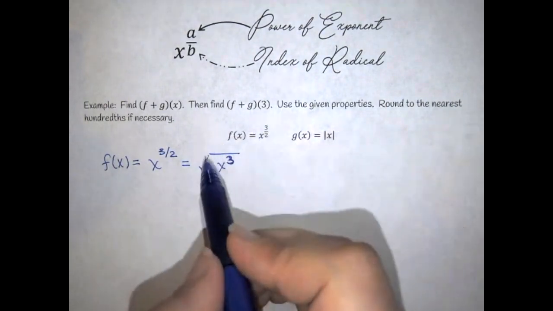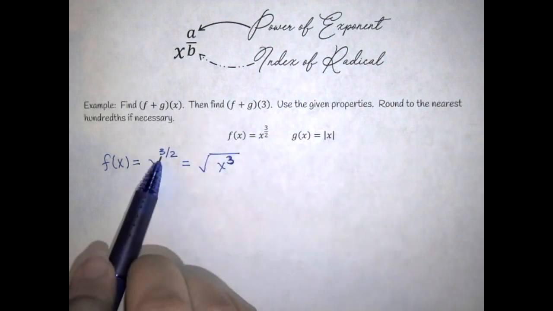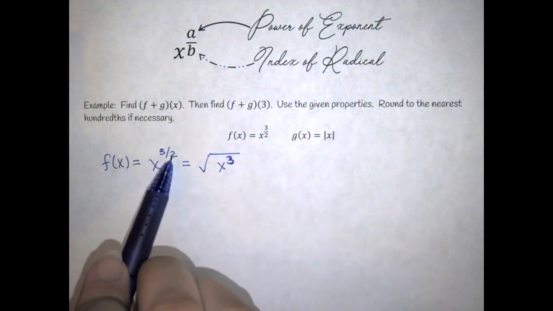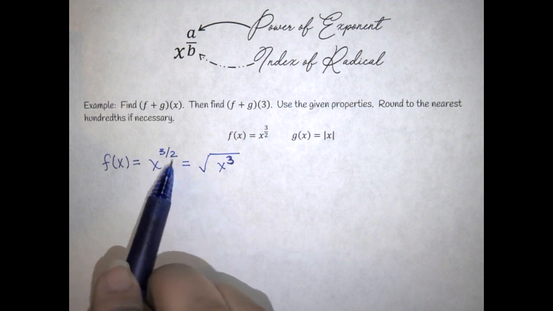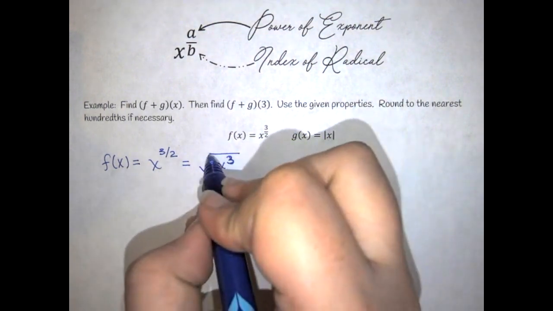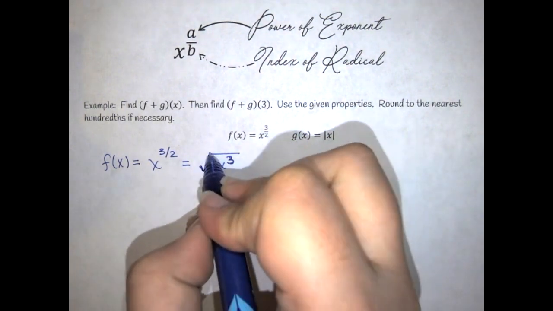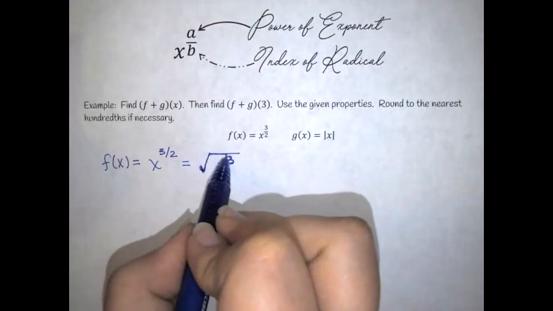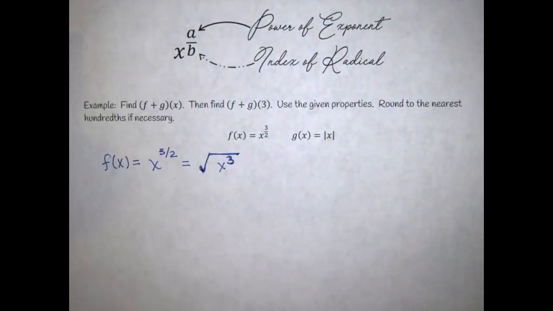Okay? Why? Because remember, the numerator tells you the power of the exponent and the denominator tells you the index of your radical. So my index here is 2, that means square root. My power is 3, which means the square root of x cubed.